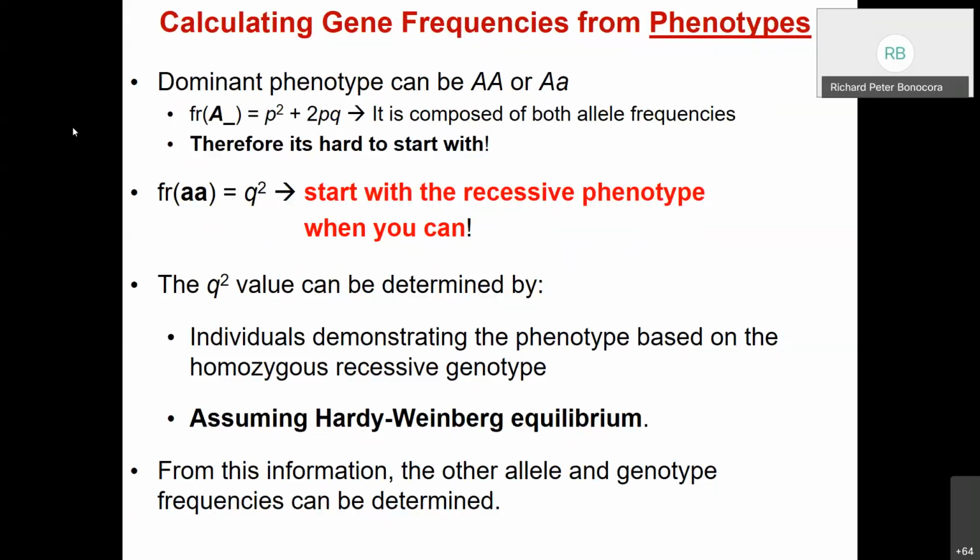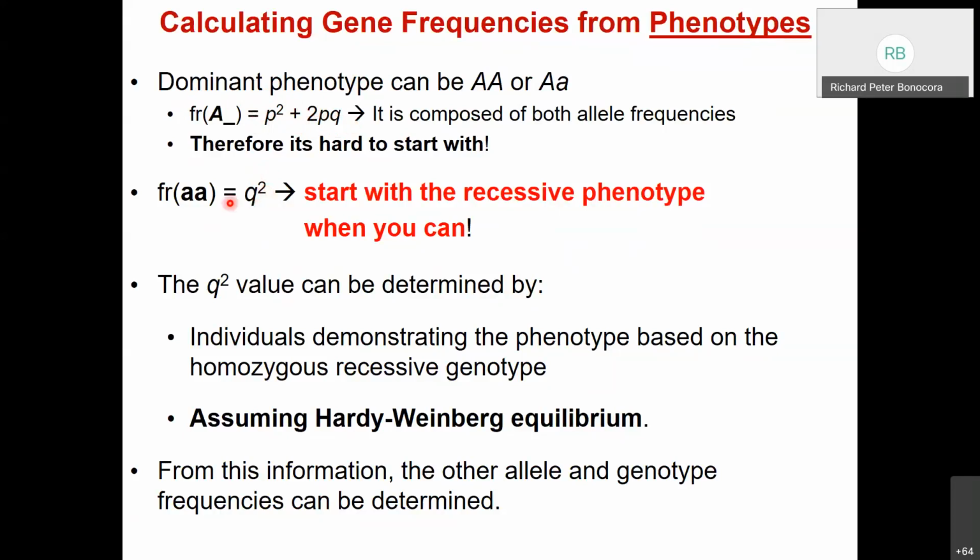It's very difficult to go through the dominant phenotype because there are two ways that an individual can have the dominant phenotype. In doing so, we end up having the frequency of the dominant allele and the frequency of the recessive allele in the equation. If we want to determine the allele frequencies, we'd have to solve for p or q. Whereas if we just look at the recessive individuals, the only frequency there is the frequency of the recessive allele.